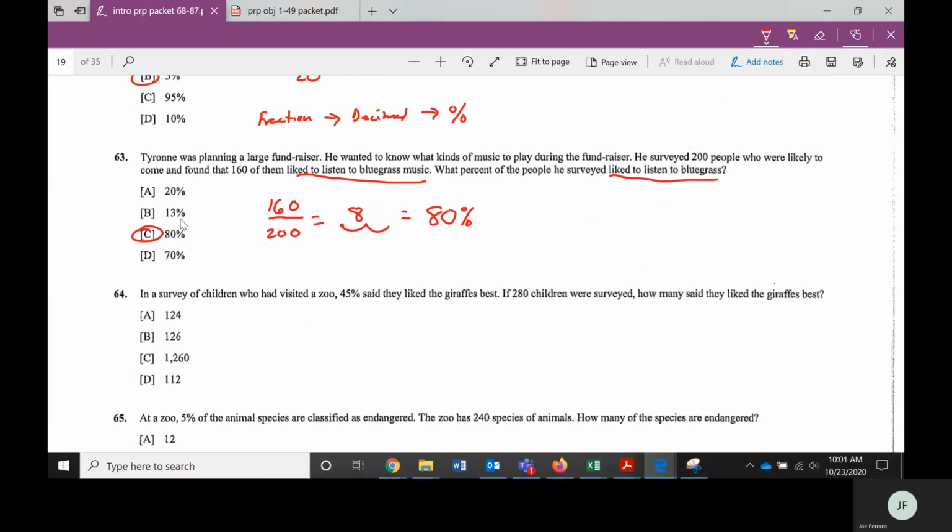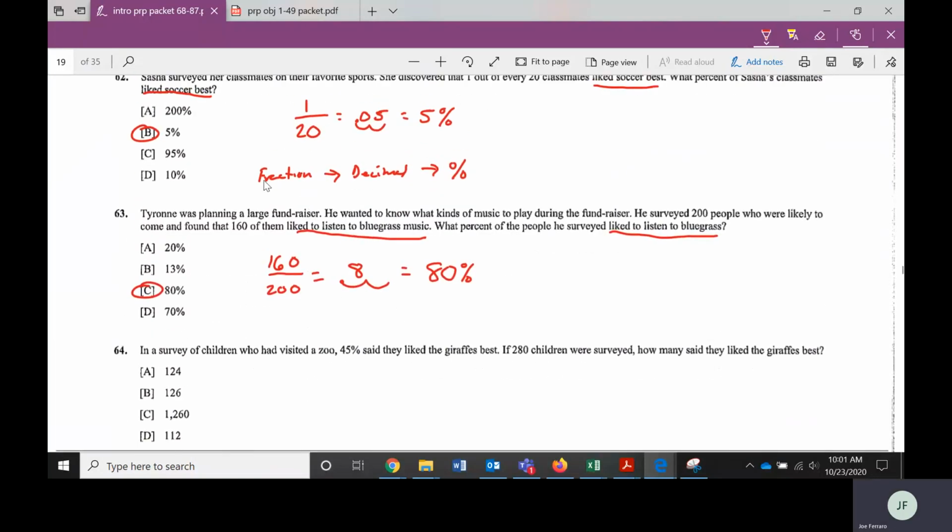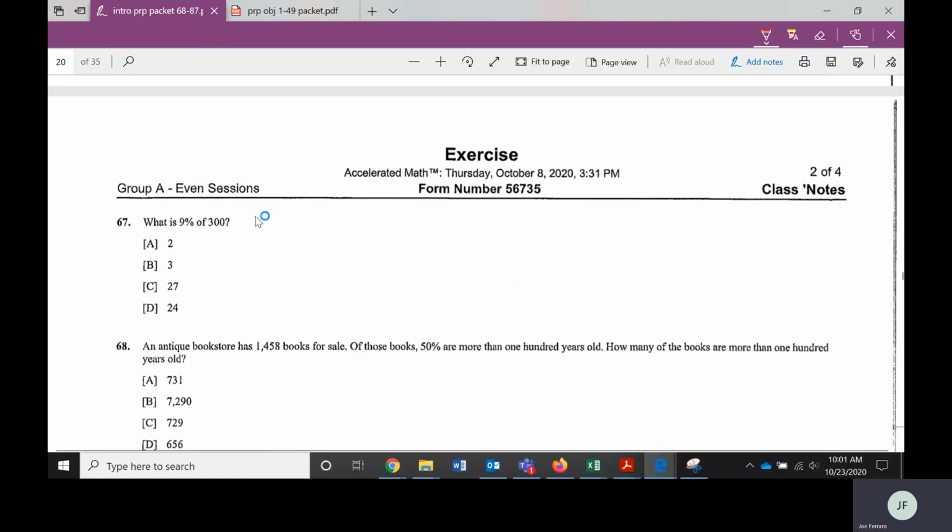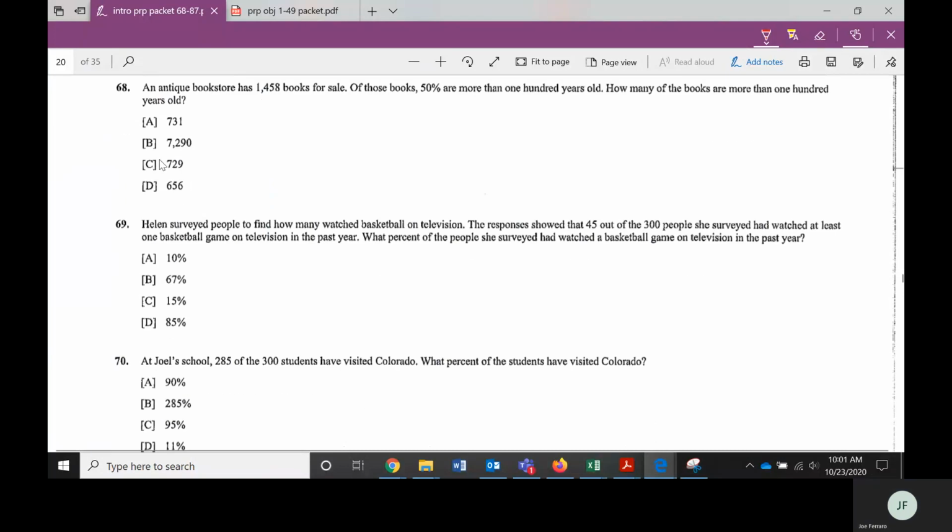Okay, so to practice that one, if you turn the page, so that's number 62 and 63. On this side, this one right here is like 62 and 63.